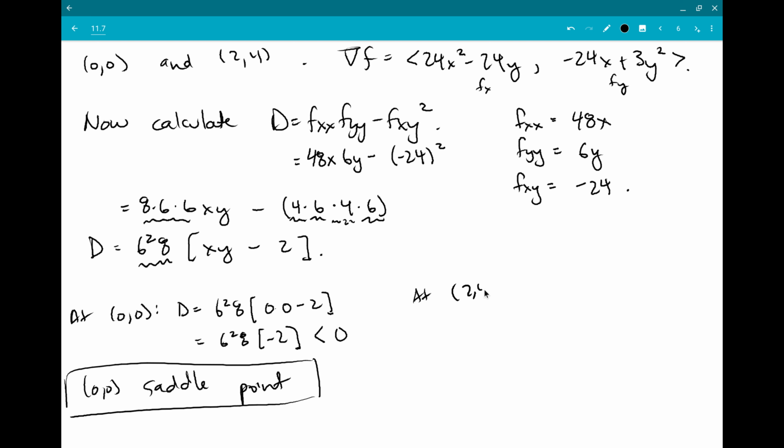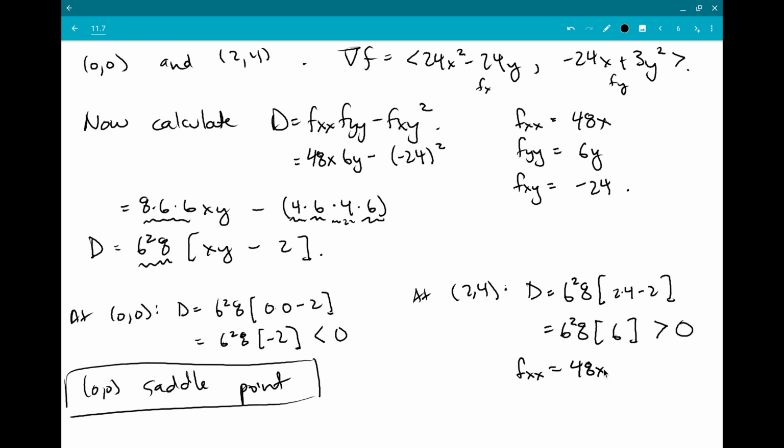And then at 2, 4, I'm going to get D is equal to 6 squared times 8 times 2 times 4 minus 2. So that's 6 squared times 8 minus 2 is 6. Again, I don't know what this is, but I do know it's a positive number. And remember, when the discriminant is positive, I have to check the second derivative. So f sub xx was 48x.